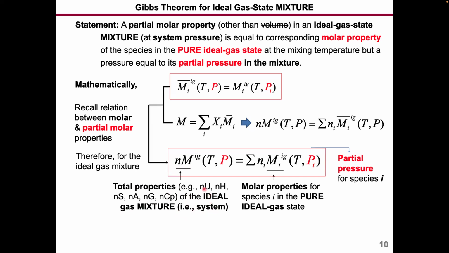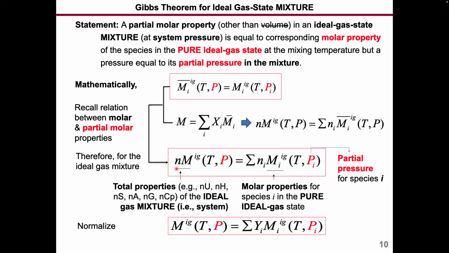And this total property could be NU, internal energy, enthalpy, entropy, Helmholtz energy, Gibbs free energy, right? And then this M_i is going to be the molar property for species i in the pure ideal gas state, right? That's why we have a subscript i here, okay? All right, so now you go from pure species property, calculate the mixture property, okay?